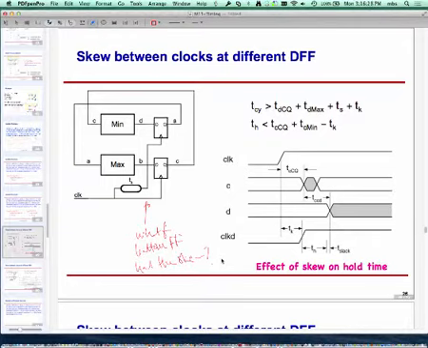Basically, in that case, the signs of TK will flip, and so that would be helpful. So this goes back to another way to potentially handle our problems, which is to deliberately add skew to the clock inputs of flip-flops at the right place. But you have to be very careful, because in this example, if I add skew to the clock input of the top flip-flop, it's bad for us. If I add it to the bottom one, it's good for us because I can run the clock faster.